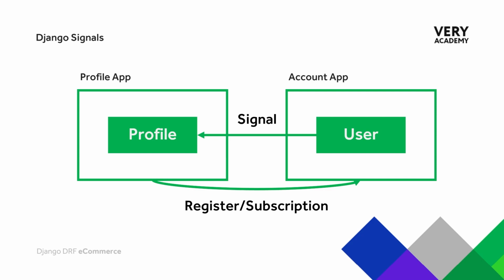Anytime an event occurs on the user model, let's say the save action occurs on the user, that signal will be sent out, the fact that data has been saved in the user table, to any of these subscriptions, anyone that's registered to that particular signal. And therefore that signal is sent, and the function that's registered to that signal will then be fired off.